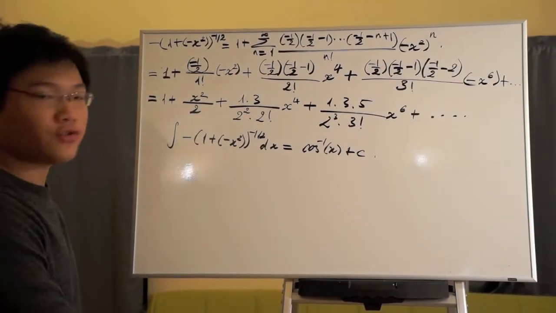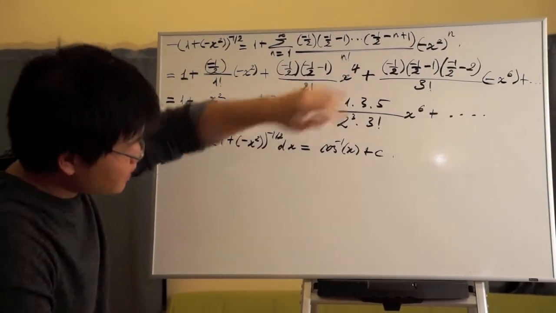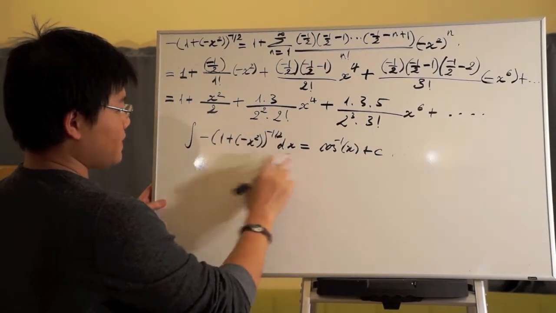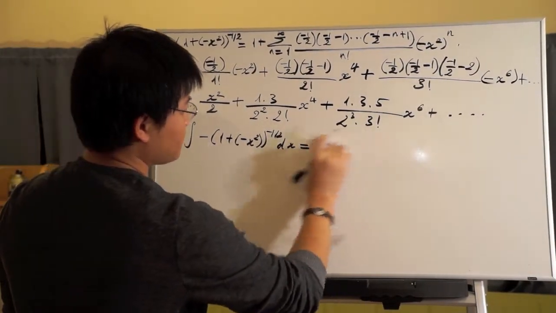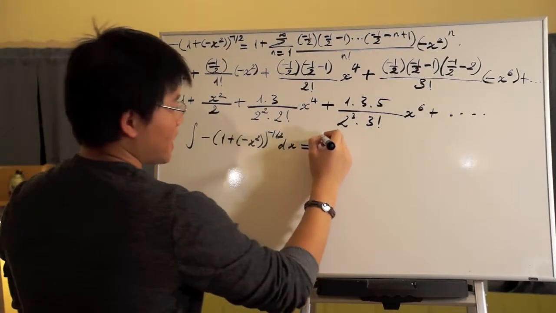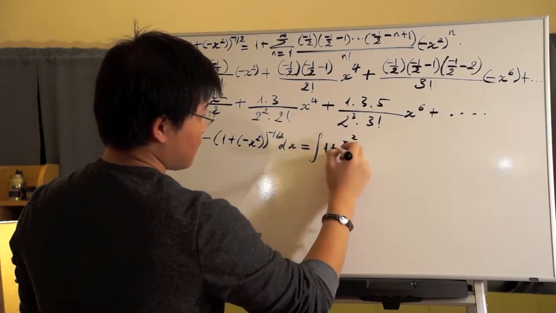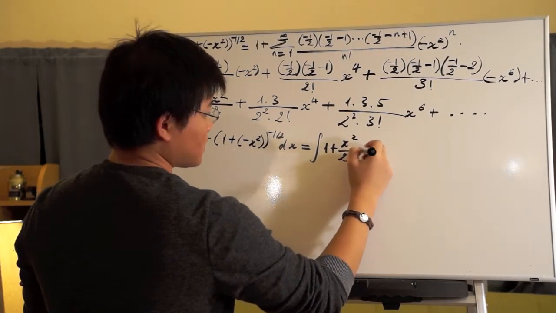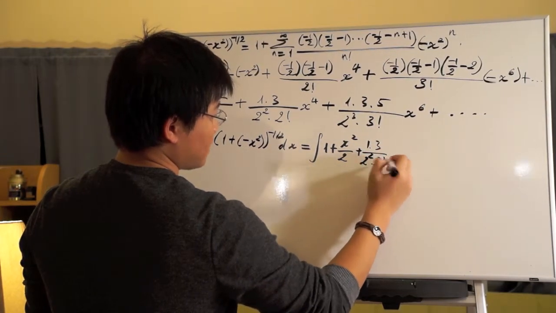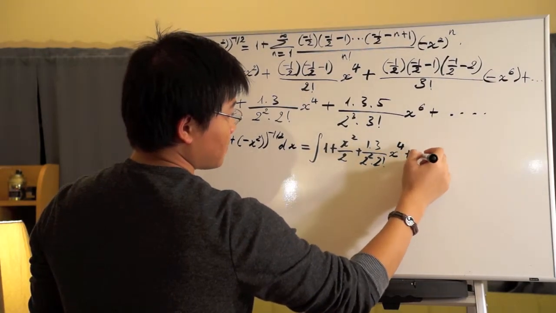Okay, so let's try to apply antiderivative for this whole series and see what we have. So therefore, this term would equal to the antiderivative of 1 plus x squared over 2 plus 1 times 3, 2 squared times 2 factorial, x to the 4th plus dot dot dot, right?